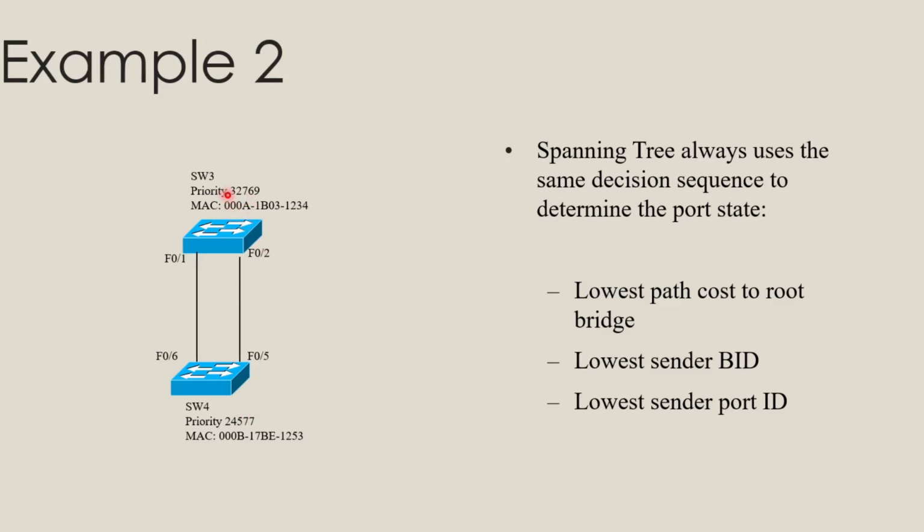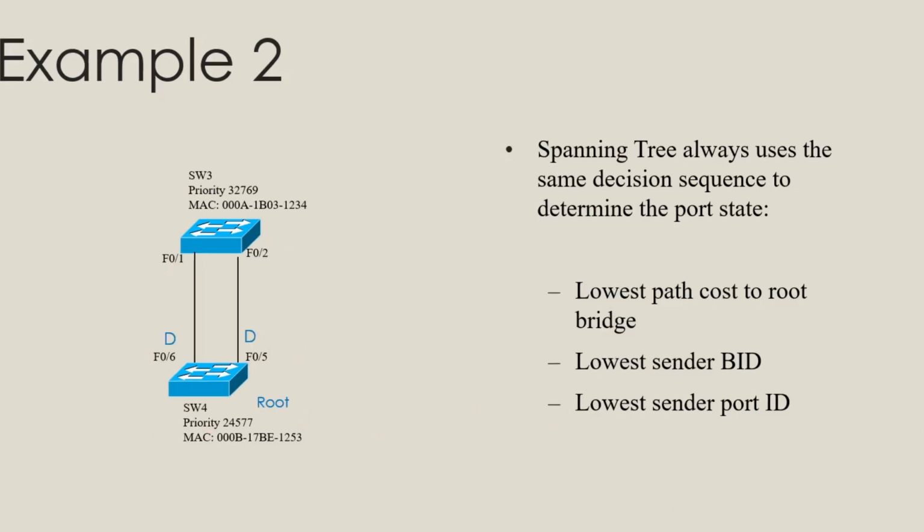We can see the top one has priority 32769. The bottom one has priority 24577. Obviously, the bottom switch has a lower bridge ID because of the lower priority. And that makes switch 4 the root. This is the first step. Root bridge is elected.